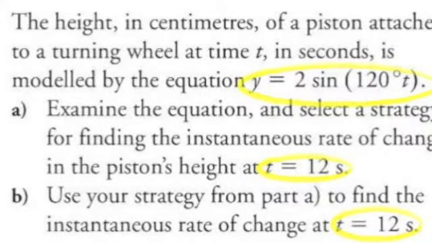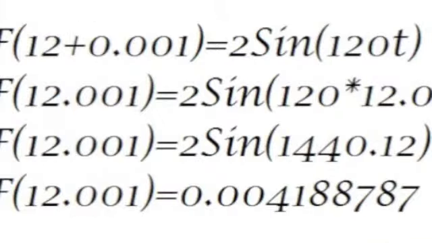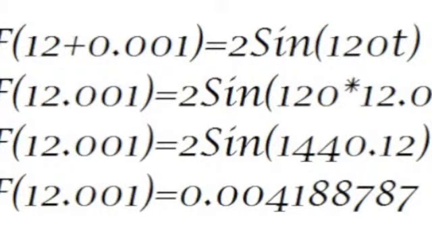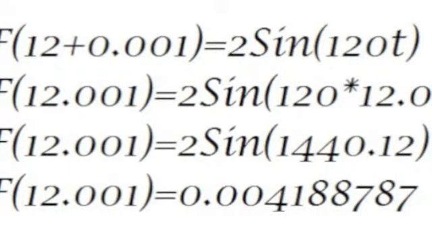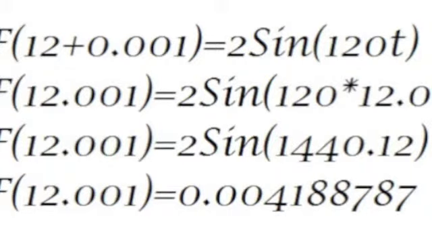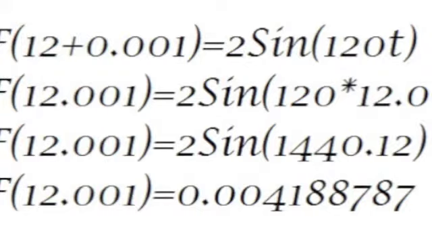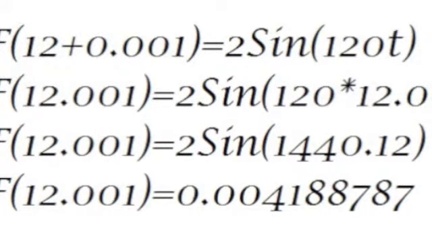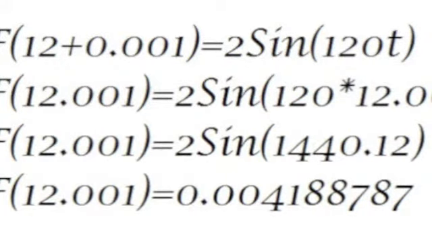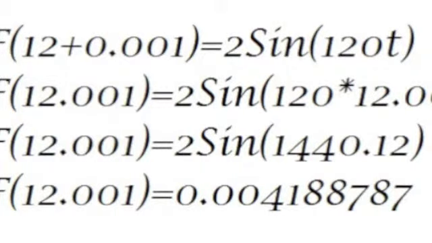For instance, we must replace t with 12 plus 1,000th whenever we see it in the equation, hence the left side and the right. In the second step, I have just plugged both sides into the equation.